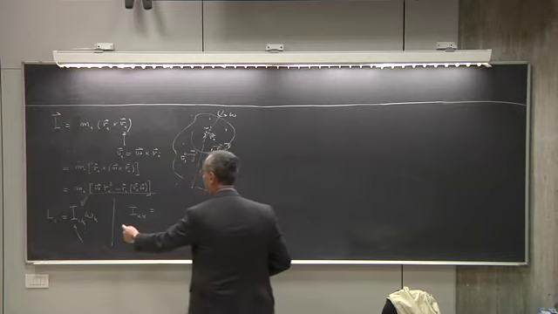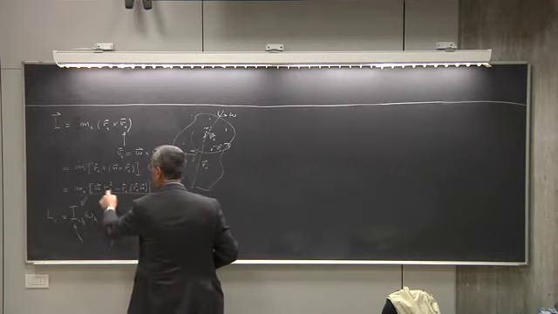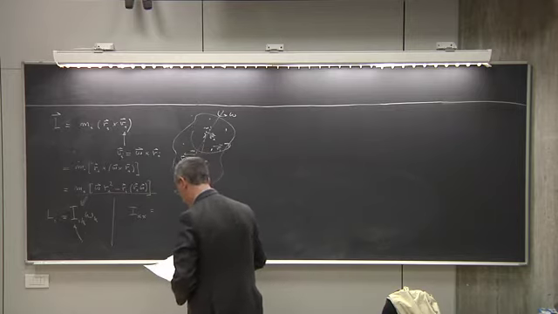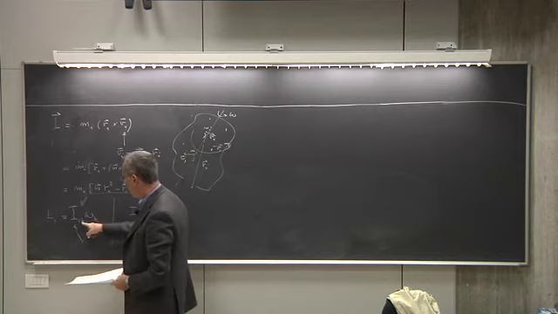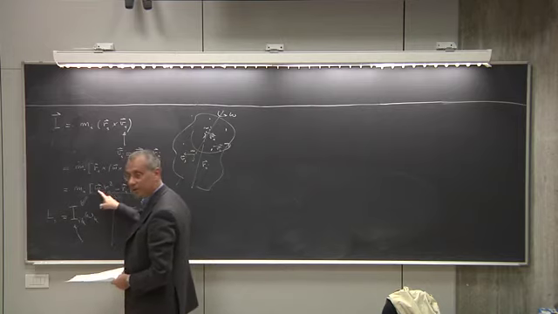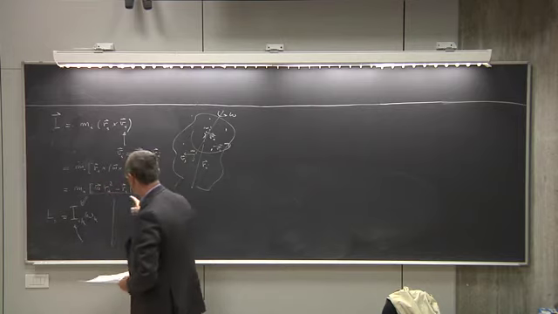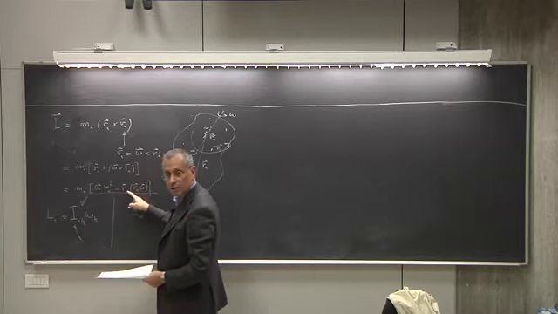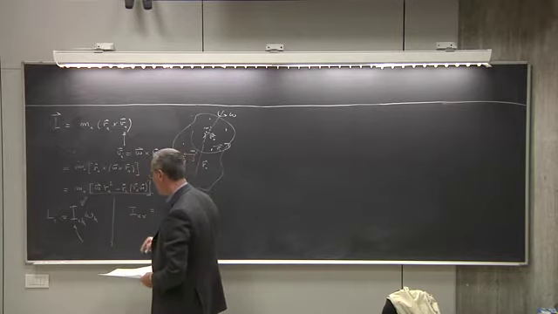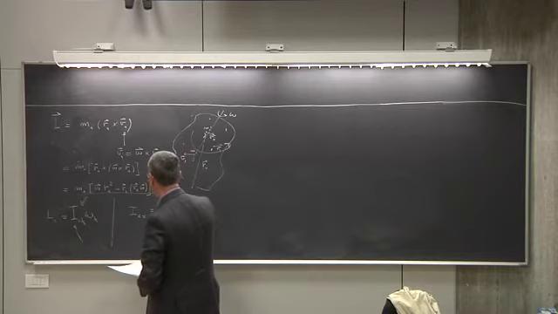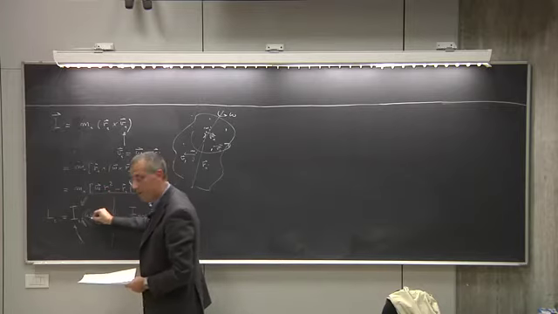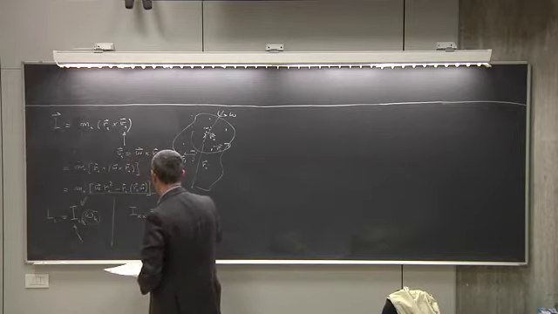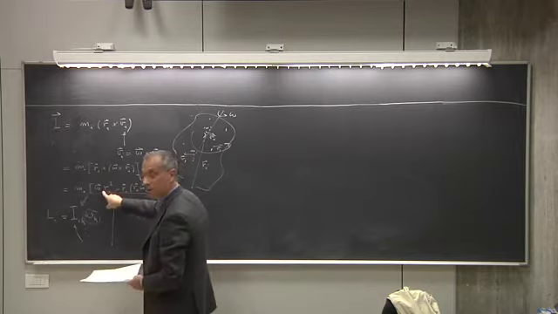I take this equal to x, so I take the first component here, and also the first component here. So I have m_i, and then the first component here, which I pull out, so I just have r_i squared.